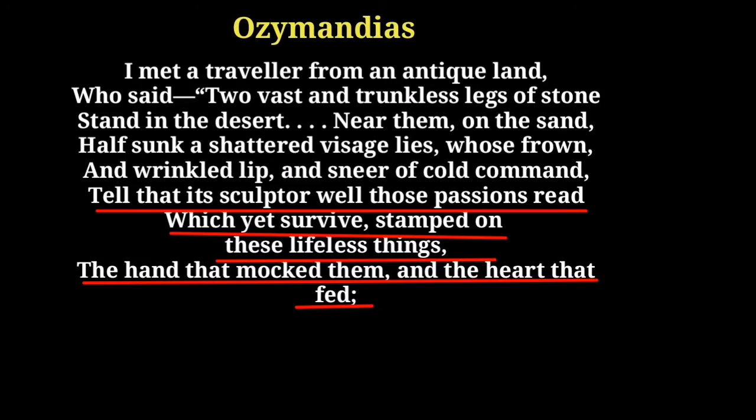The traveler admires that the sculptor, or the artist, felt and understood the passions and emotions of the king very well. That is why he copied the face and created it perfectly, and it is still visible. The words "which yet survive" indicate the immortality of the work of the artist, because his creation is still alive and visible on the lifeless stones.